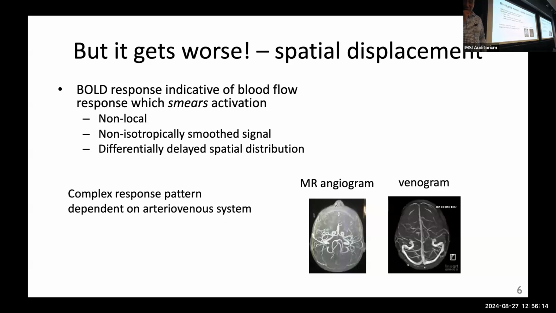There's more problems with the bold response as we model it so far. Spatial displacement. I don't know if you've heard the phrase about watering the whole garden for the sake of one flower. People used to say this a lot in the 90s.